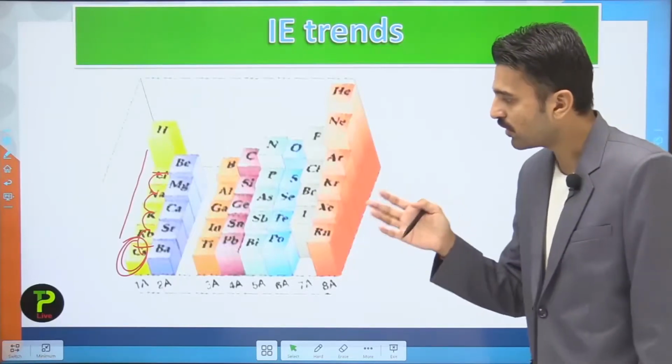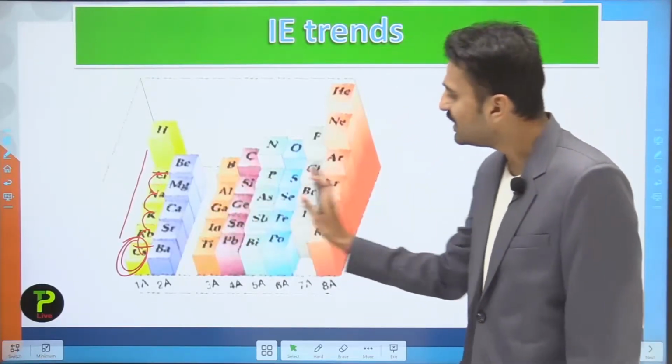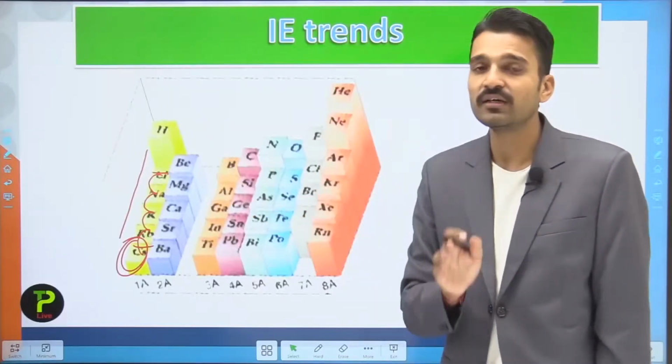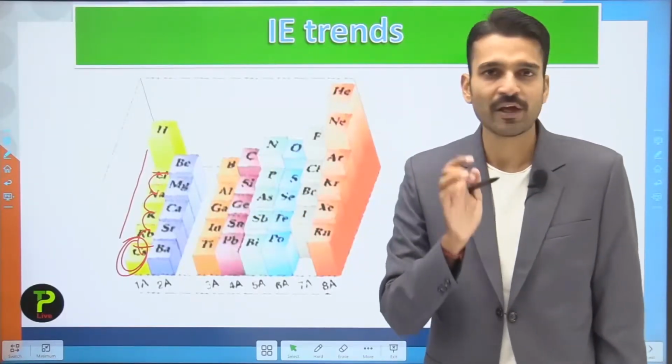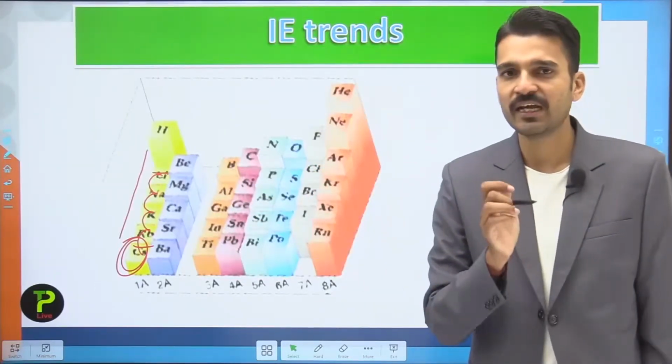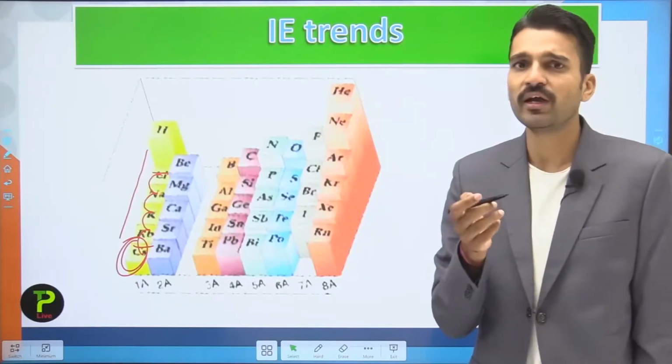So you can see in these cases that the first member of any group has the higher ionization energy, and as we move down in a group, the ionization energy keeps on decreasing. So why is it happening?